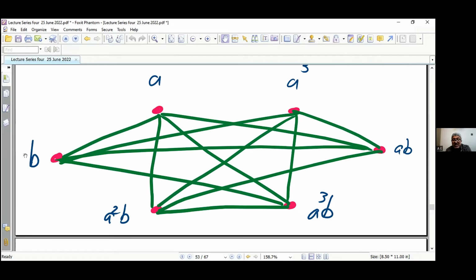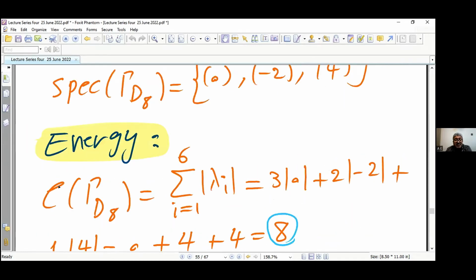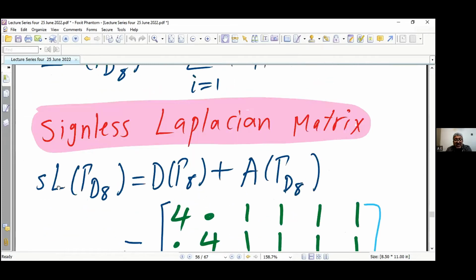But the distance between BA and BA cube B, AB and BA cube B is 1. And in the same way, we can compute the distance between any two vertices.